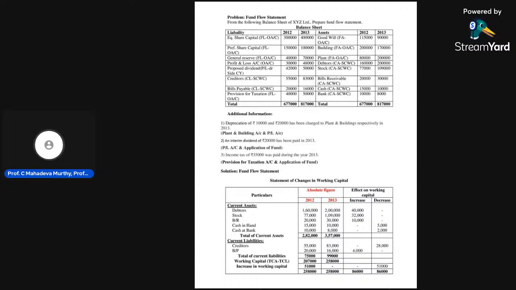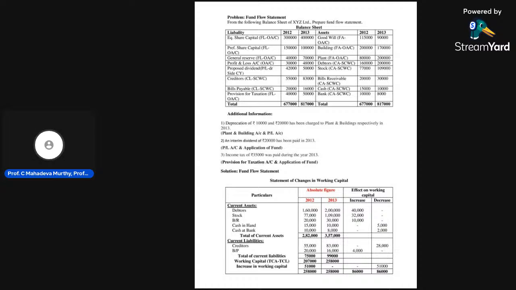Here 20,000 previous year, the current year is 16,000, that is a change to the tune of 4,000. Then total of current liability, 55 plus 20, 75,000, 83 plus 16, 99,000.